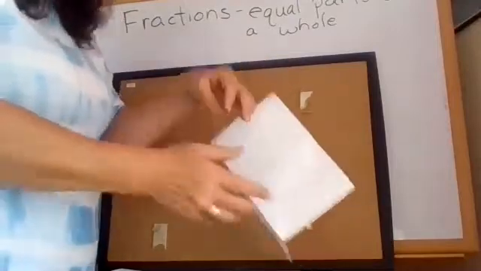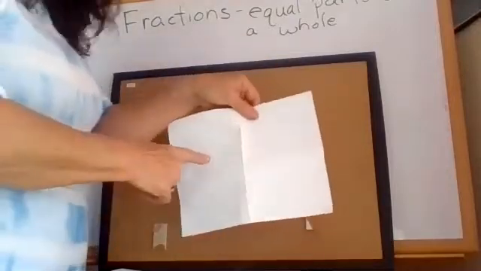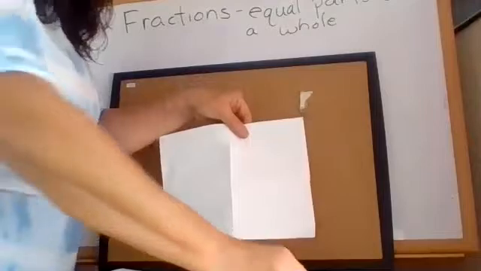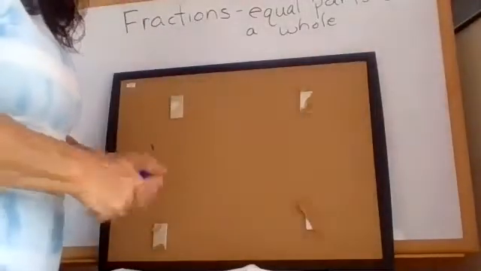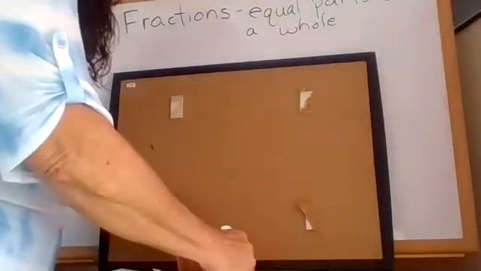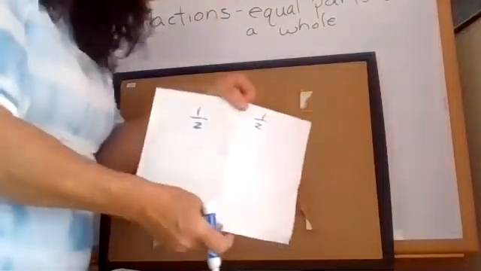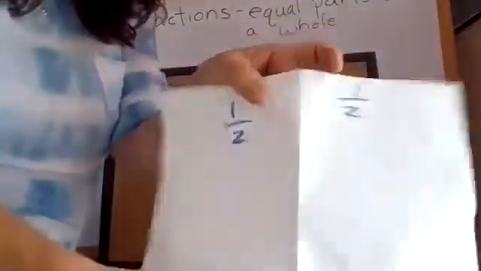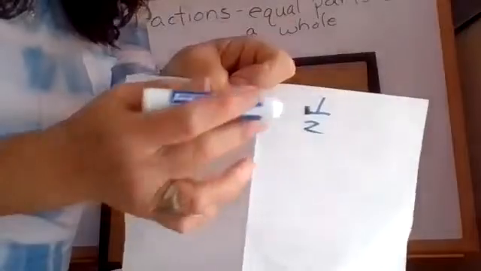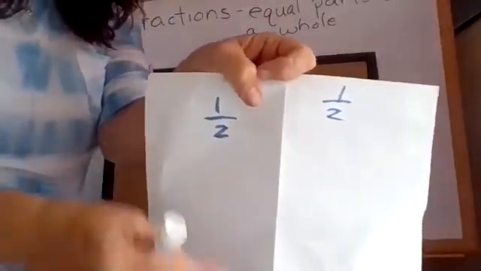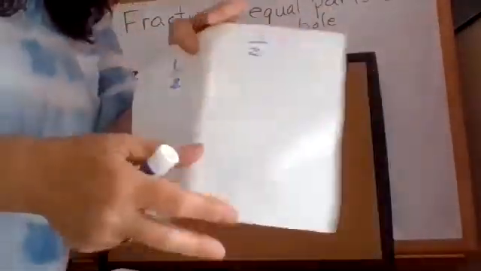Here's the fold. We have two equal pieces, 1, 2. We learned that that is called 1/2. Each side is 1/2. You see it? 1/2 and 1/2. That makes one whole sheet of paper.